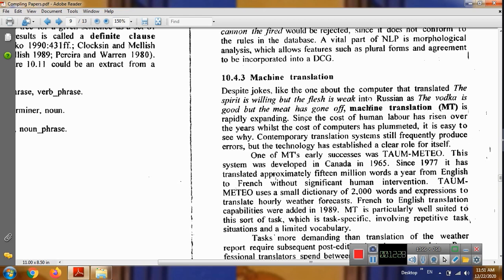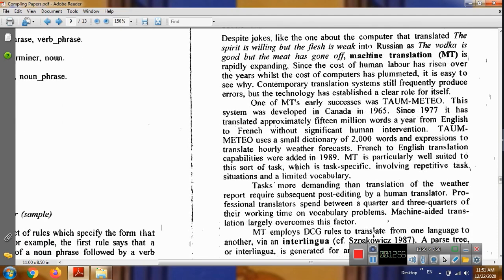The cost of human labor has risen rapidly over the years, whilst the cost of computers has plummeted. It is easy to see why. Contemporary translation systems still frequently produce errors, but the technology has established a clear role for itself.